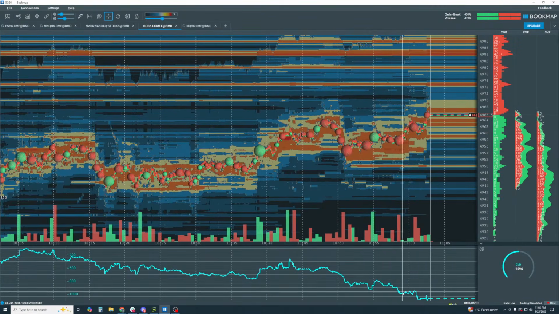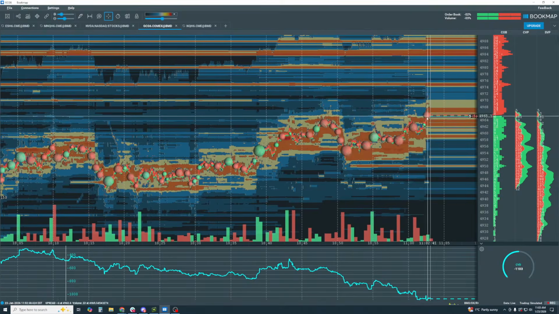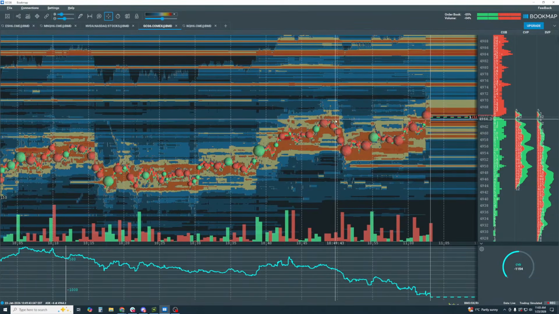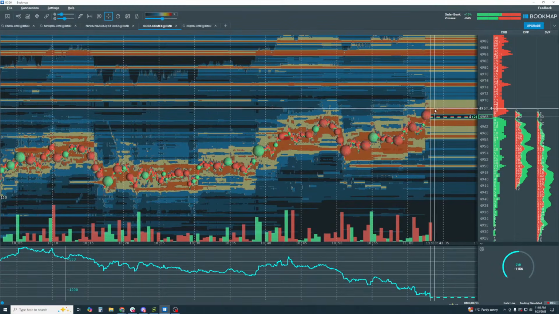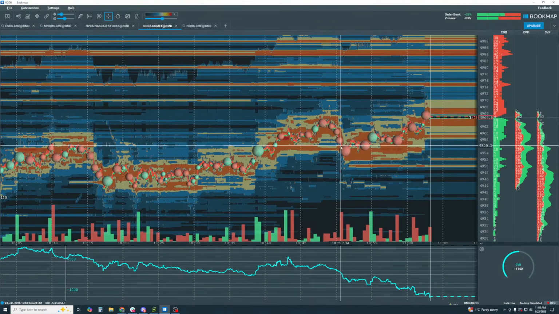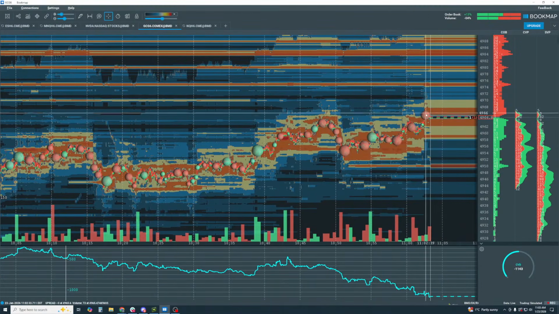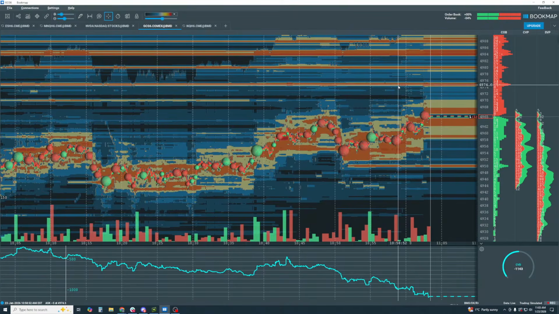Look at CVD in here, just cratering, right? What that means is we got a lot of sellers up here at these highs. If we can get back up above and find some buyers, these guys in here are going to feel the pain in the squeeze. And then I would just start targeting areas of high liquidity.